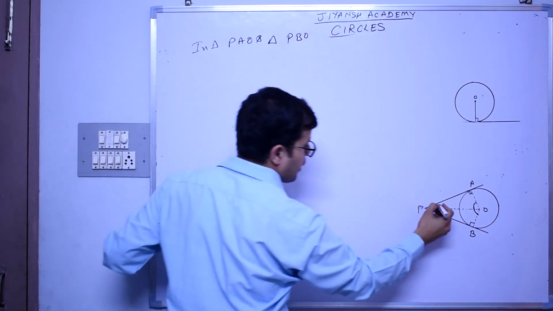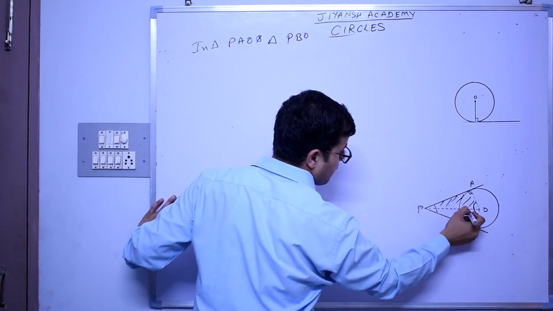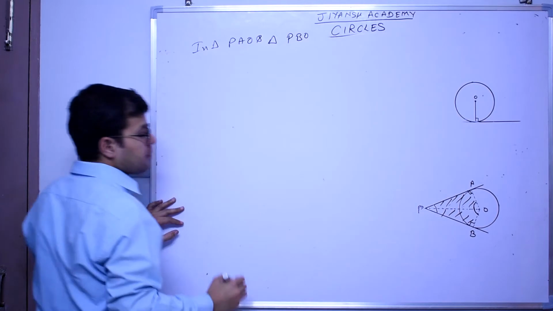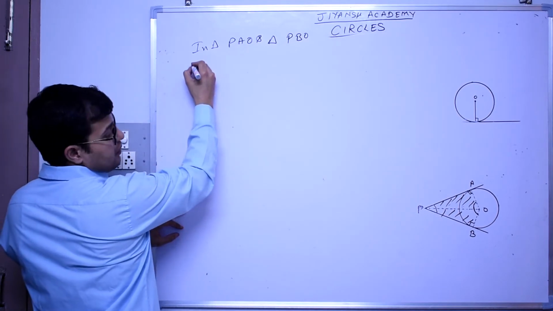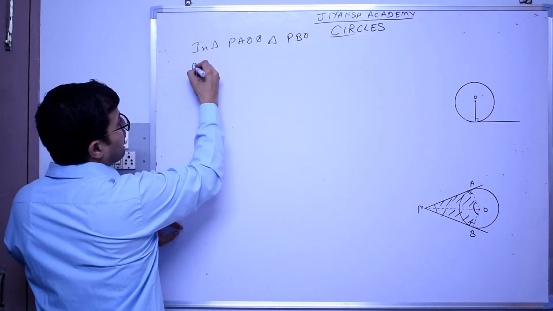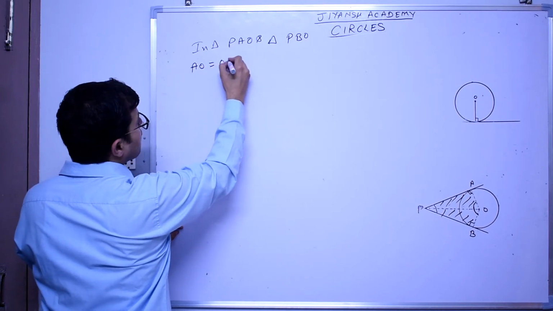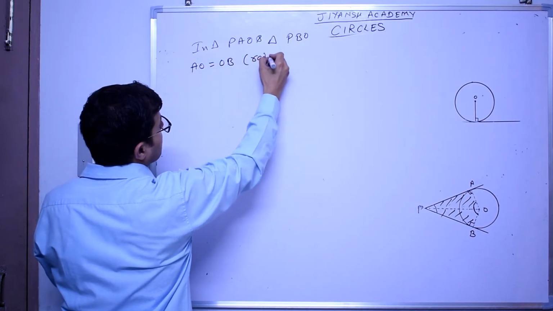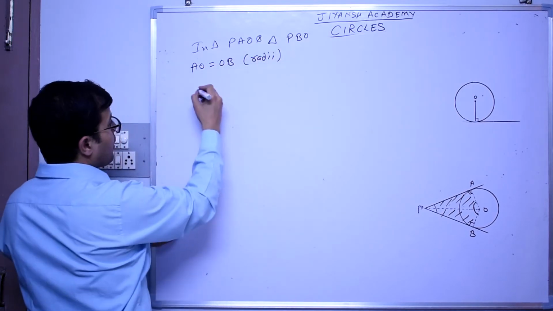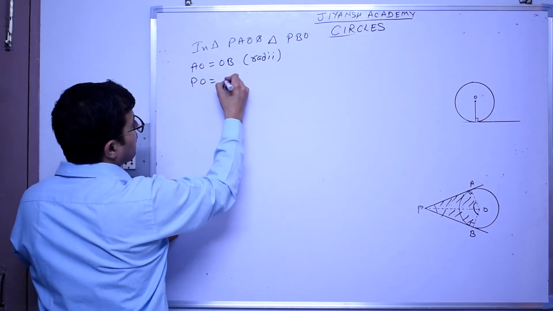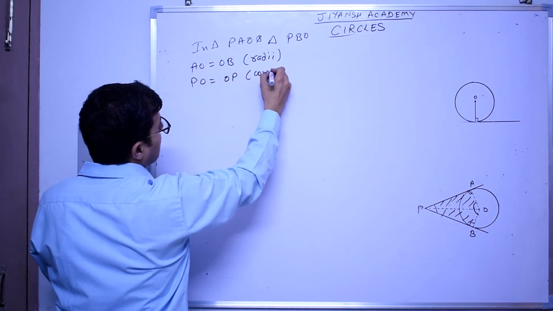So these are 2 triangles that I have taken, right? So AO is equal to OB, the radii of a circle. Then PO is equal to OP, this is common.